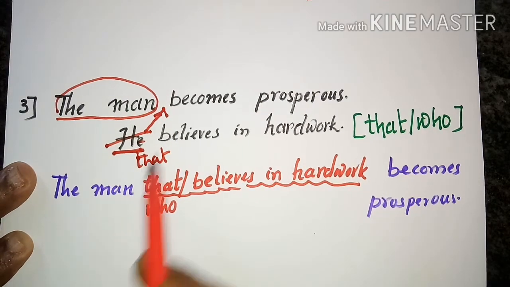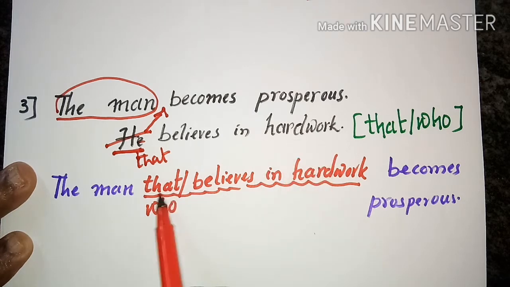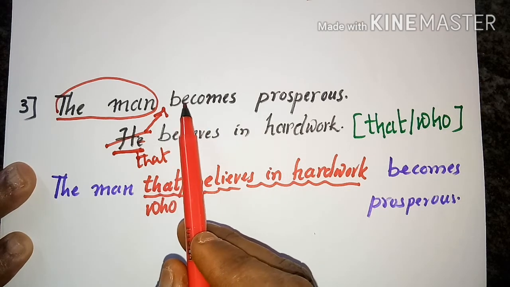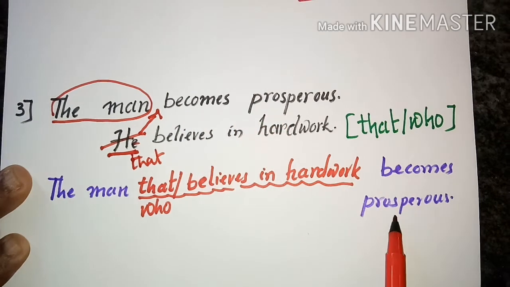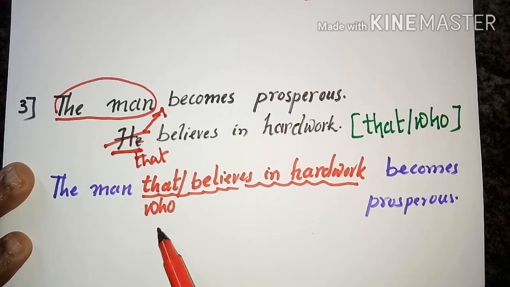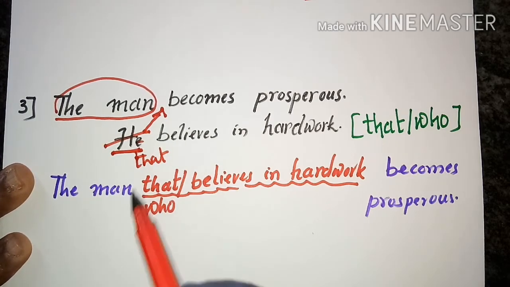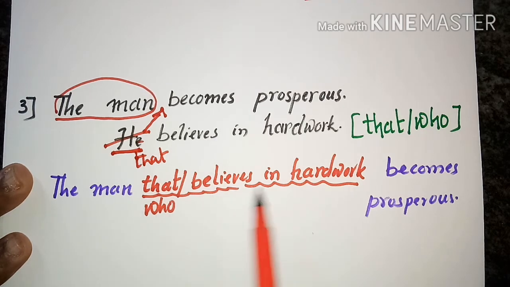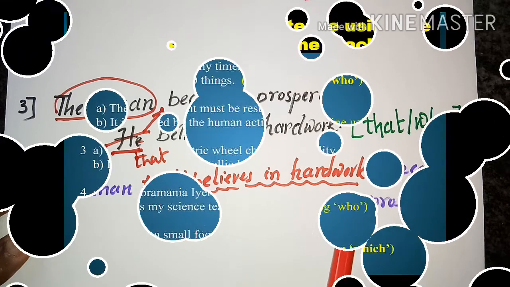The man that believes in hard work. Again comes the predicate of the first sentence: becomes prosperous. So likewise we can also use the word who. Who refers to an individual, and that can also be used to refer to an individual. The man that believes in hard work becomes prosperous. This is how we combine.